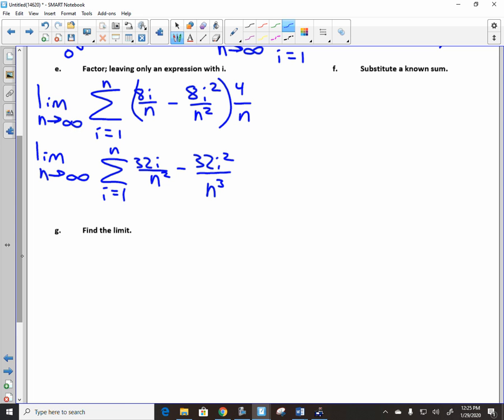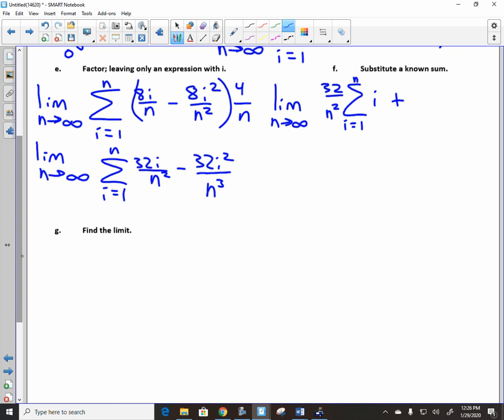So we have the limit as n goes to infinity of, if I factor out the 32 over n squared, I have 32 over n squared times the sum from i equals 1 to n of what's left over? i.